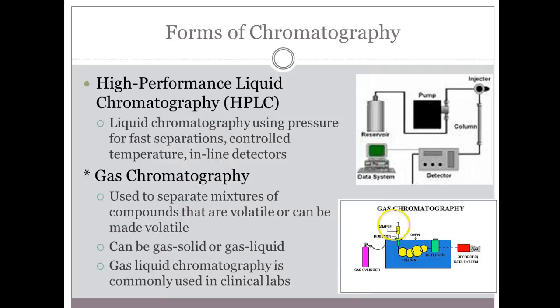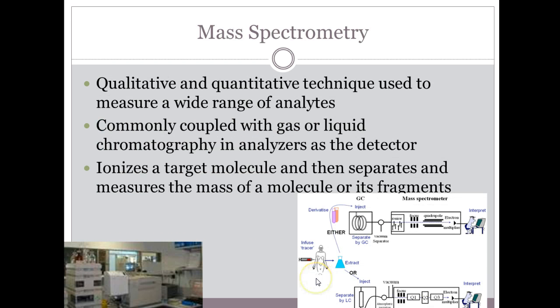So they will come out the other end one at a time and be picked up by a detector, which is usually something like a mass spectrometer. So we call it gas chromatography mass spectrometry, GC mass spec a lot of times. First we separate it by gas chromatography, and then we send it through the mass spectrometer, which figures out its mass, and then we can look at it to interpret the results.